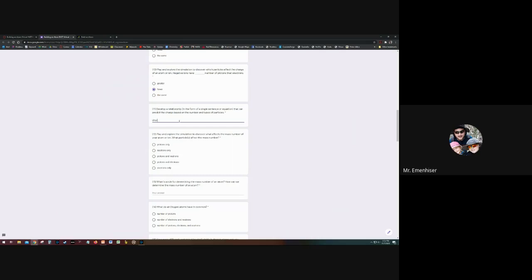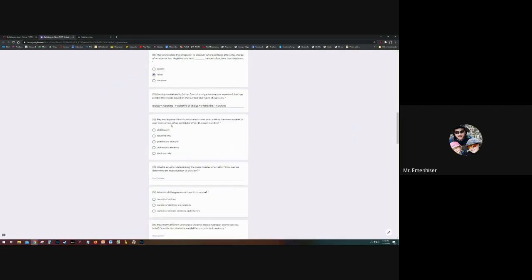So we can say charge equals number of protons minus number of electrons, or charge is equal to number of electrons minus number of protons. Basically, it's the difference between those two, and whichever one wins is going to be first. So you can say number of protons minus electrons, or you can say the opposite if you have more electrons. But you find the difference between those two, and you get the charge.